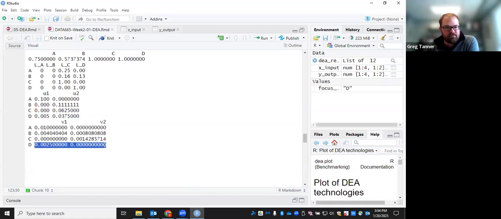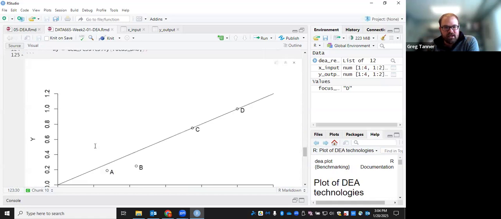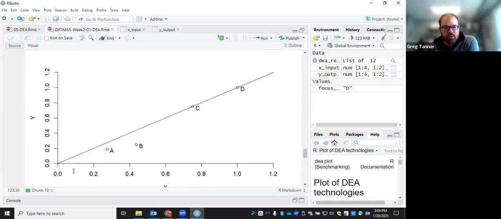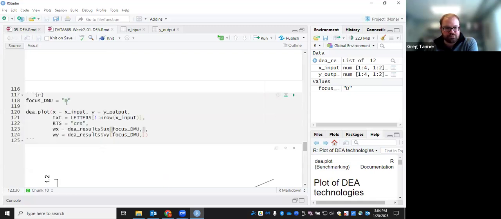It puts all the importance on the first of the outputs and not the second. So what we're plotting here on the Y and the X is the value of each DMU's inputs and outputs using D's weights. You'll see that D in this case is on the efficiency frontier. It happens that C is also on the efficiency frontier, but A and B are below the efficiency frontier.